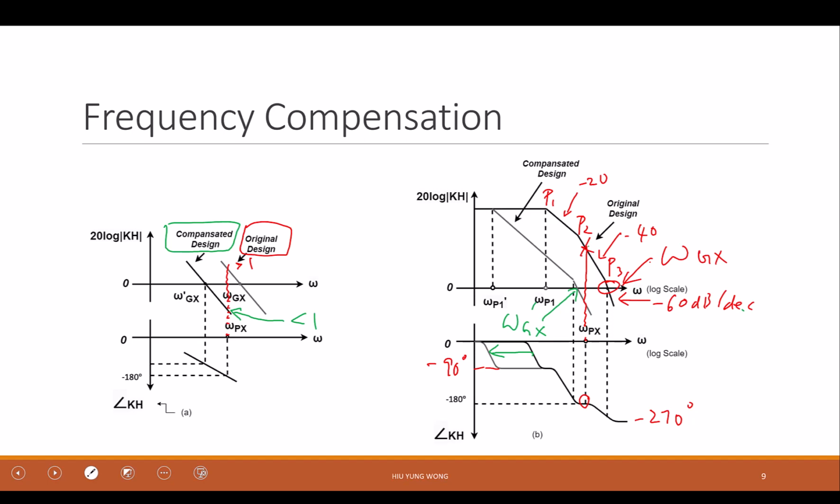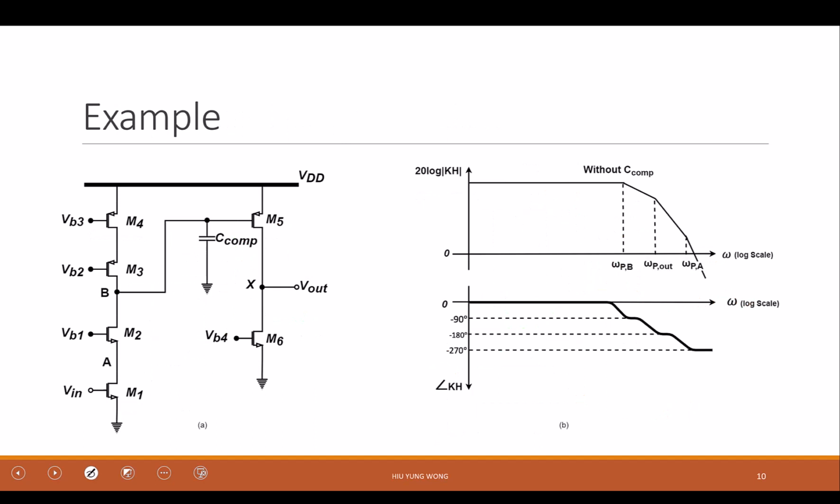Okay. If no, let's look at a real case, right? What type of amplifier is this? Okay, very good. One says it is Cascode, right?